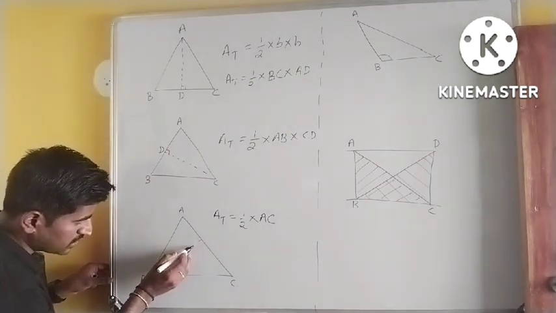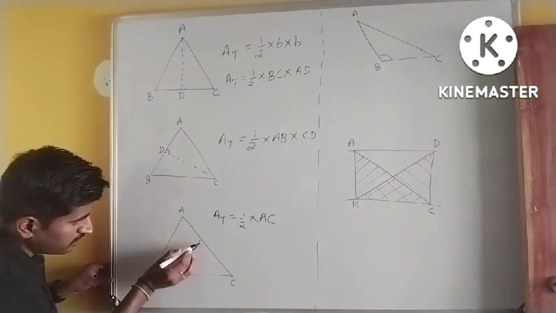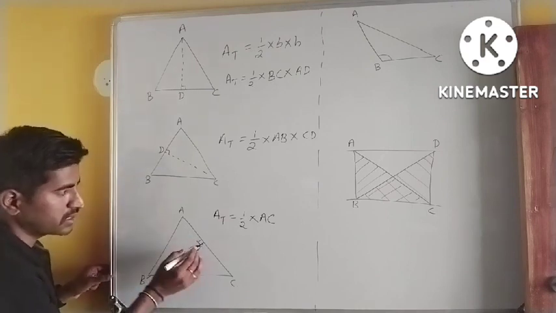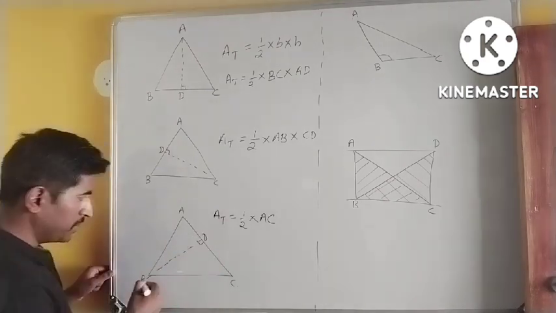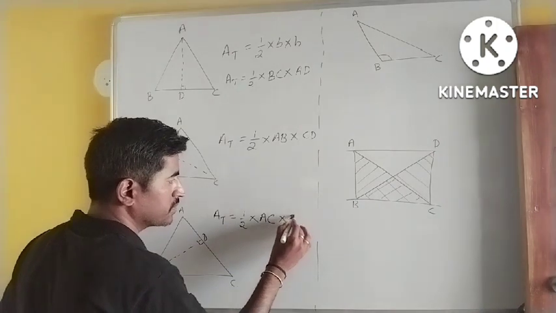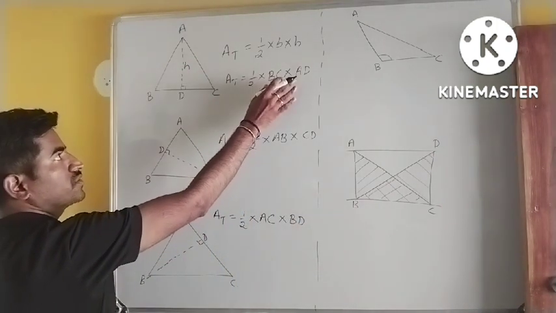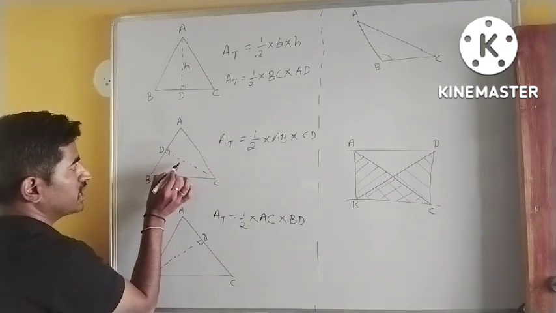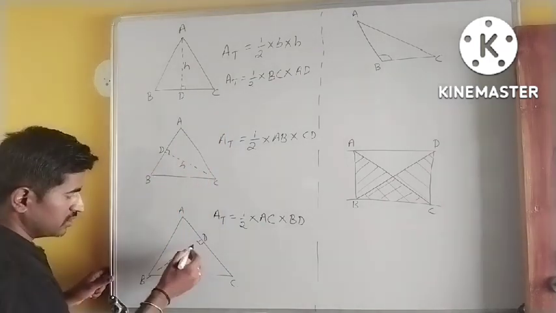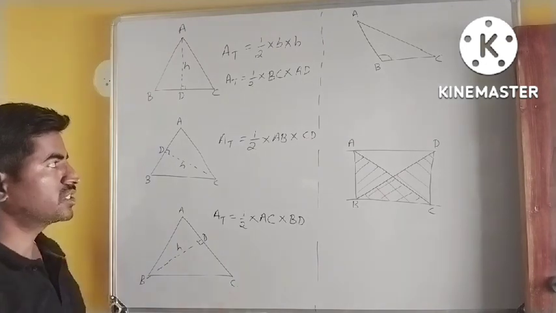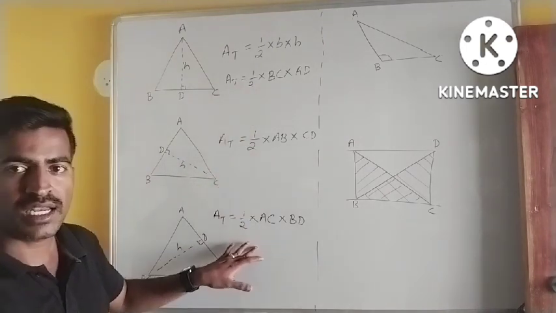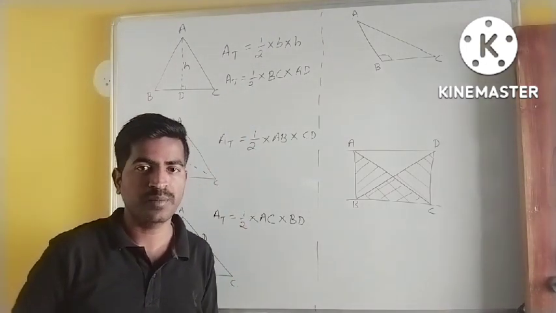Then BD will be the height. Here AD is the height, here CD is the height, and here BD is the height. This is the way to find the area of a triangle by taking different bases.